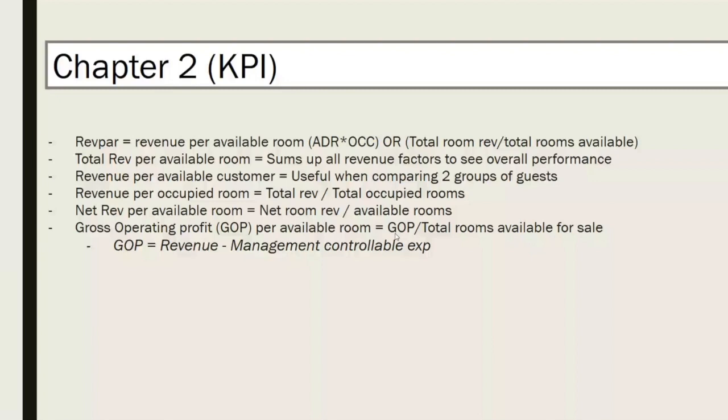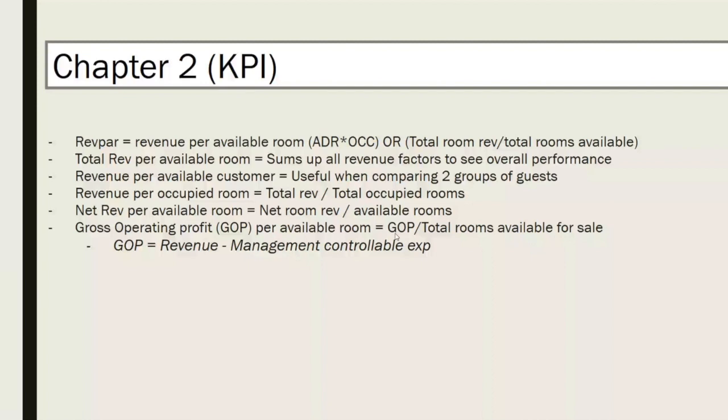Because obviously, if you're booking a room through an OTA or a travel agent, the hotel has to pay a certain commission. So you need to remove that to look at exactly how much revenue is being brought in terms of the rooms.